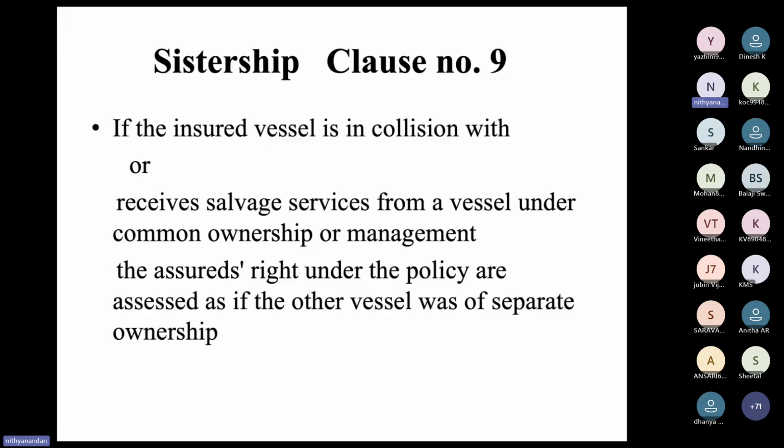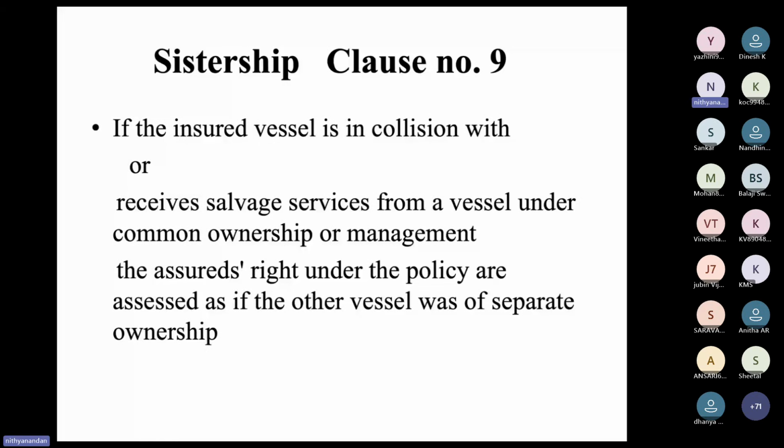So whatever is the liability of the ship owner, 3/4 of that liability will be payable by the policy if the policy is taken. Right. This is the situation when two ships belonging to different persons are colliding.